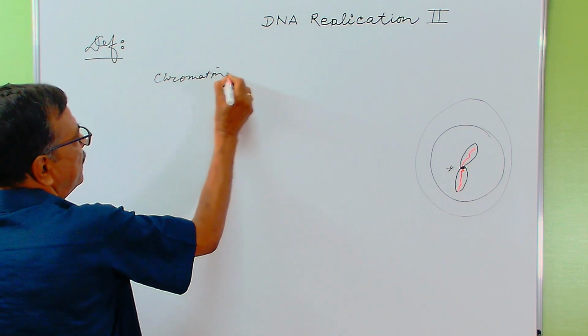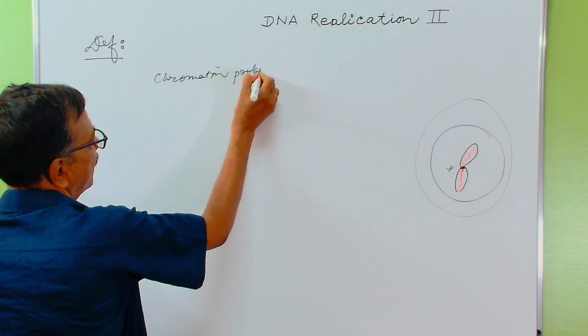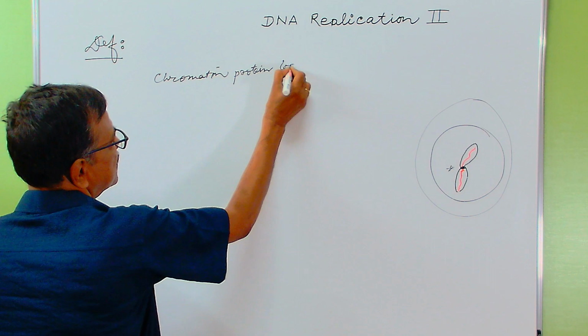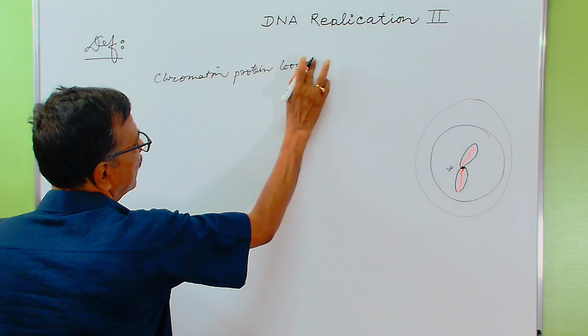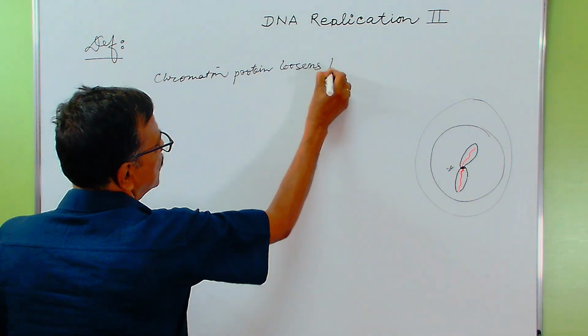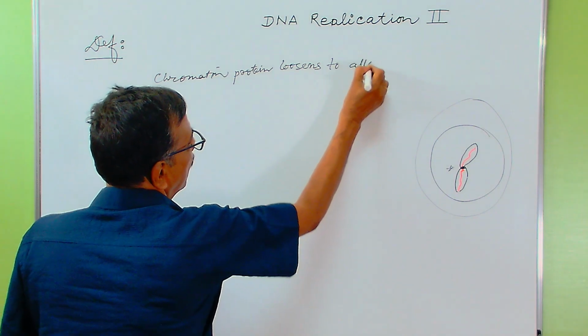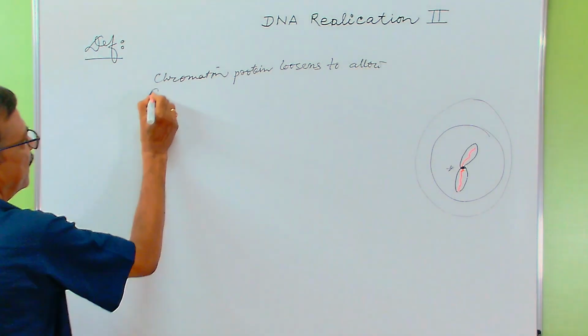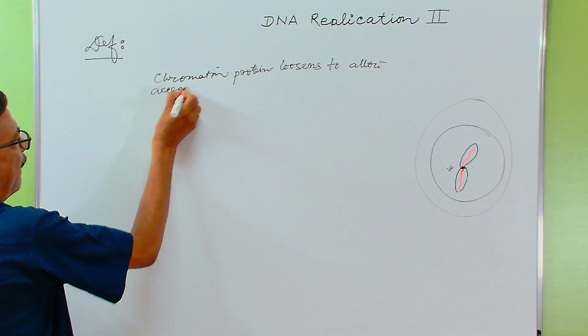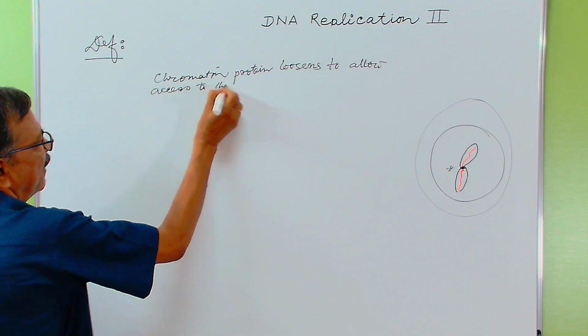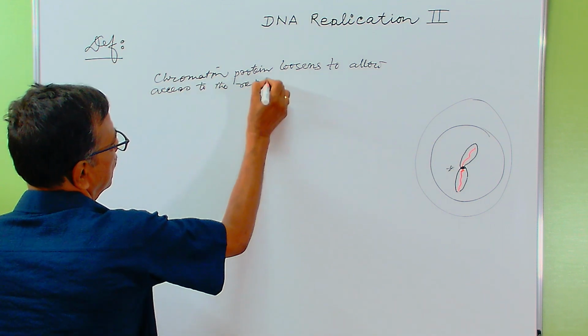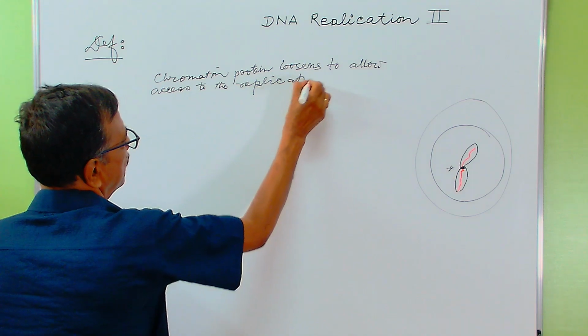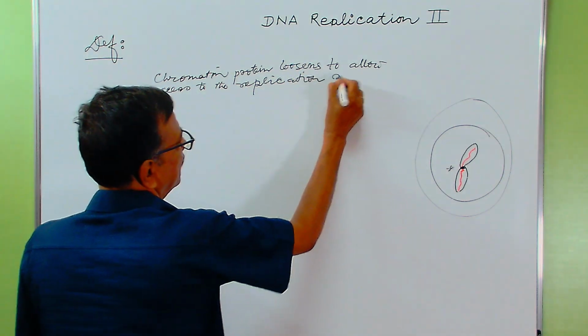Chromatin protein loosens to allow access to the replication machinery.